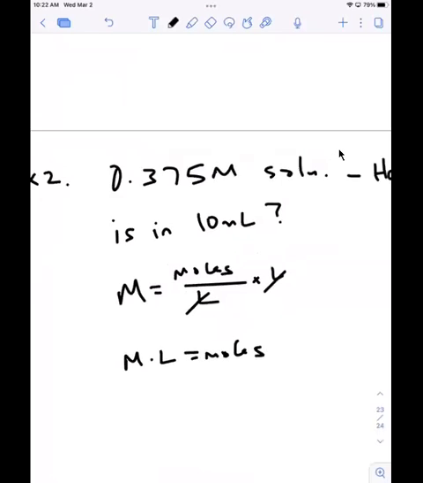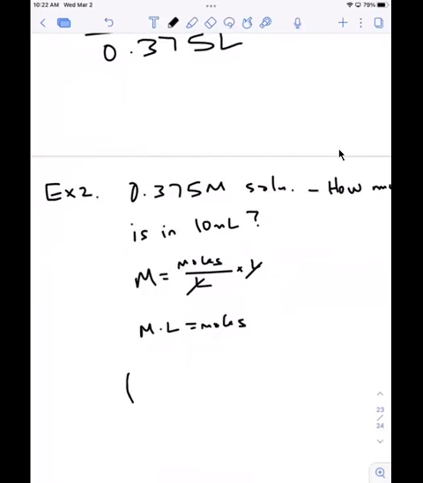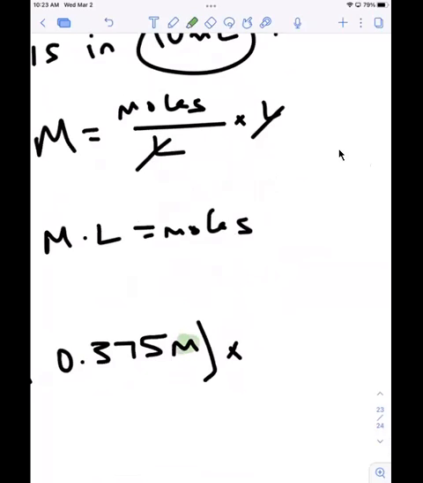So now we have our numbers. We have 0.375 molar, and then we're going to multiply that by 10 milliliters, or do we need to do a conversion? Because remember, that big M is always expressed in moles per liter. So if those are my units, when I multiply this, I need to make sure that I take that into account.